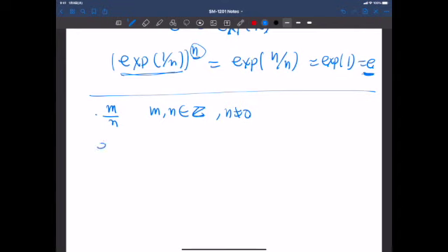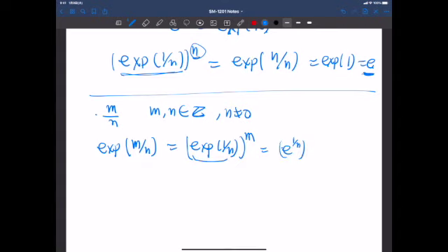Then exp of m over n is equal to this, as we have seen, this to the power of m. But this inside is equal to e to the power of 1 over n. This is m, but this is equal to e to the power of m over n.